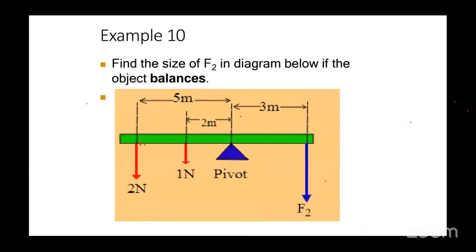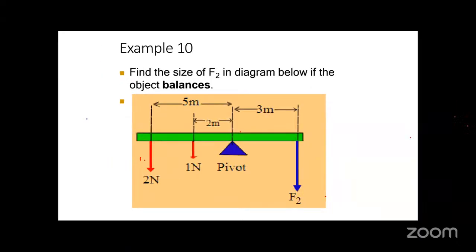So here we have another example. We are asked to find F2. So remember, anti-clockwise moment, which we have here, is equal to clockwise moment.